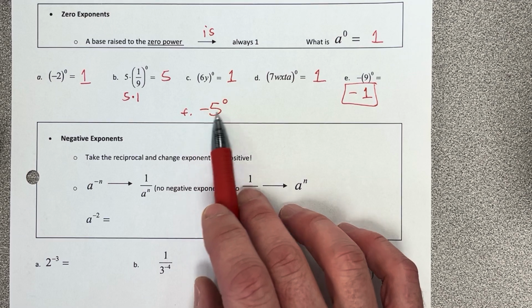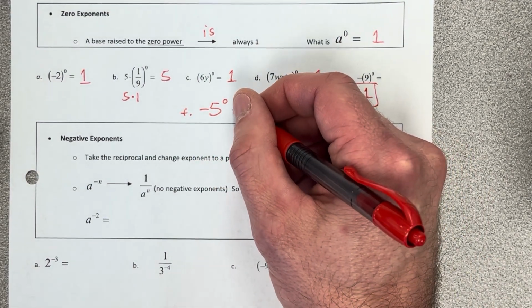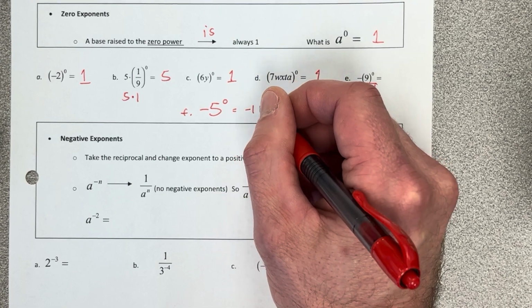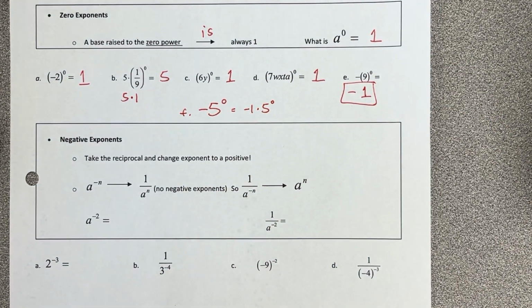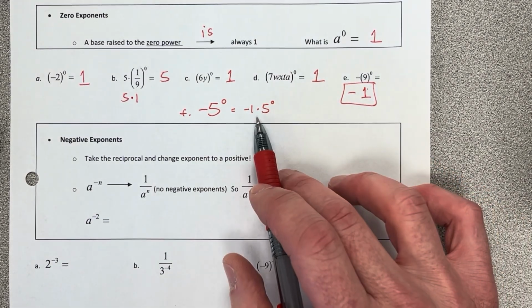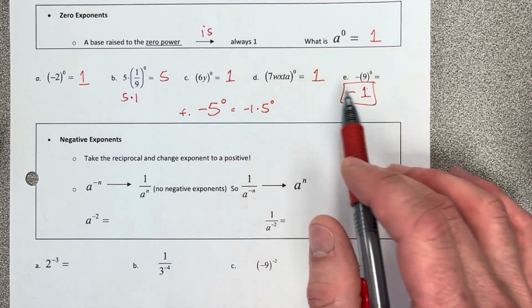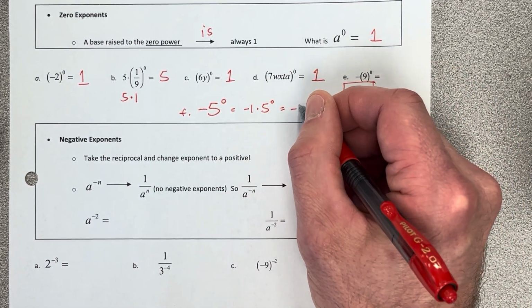If there's no parentheses in here, this is actually saying, essentially, -1 times 5 to the 0 power. So just like before with the 9, 5 to the 0 power is 1, and then you're going to get -1.